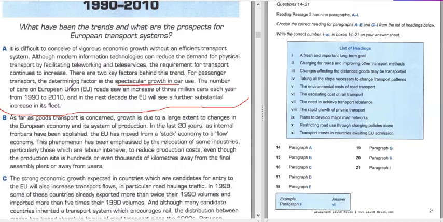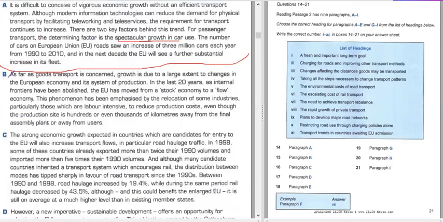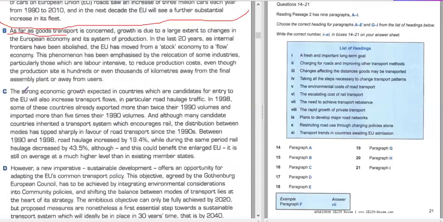The number of cars on European Union roads saw an increase of 3 million cars each year. In the next decade, the EU will see a further substantial increase. And as far as goods transport is concerned, the strong economic growth expected in the candidate countries. So you read the first sentences also, so that you can see this is about the economic growth somehow.